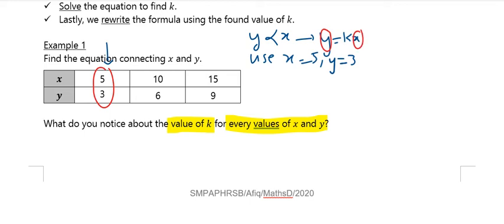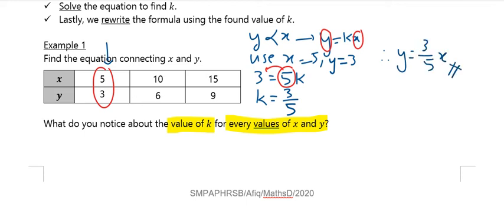So y is 3 and k times x is k times 5, so it becomes 5k. Now, when you move 5 to the other side, it will become division. So you will straight away get k equal 3 out of 5. Therefore, the equation that connects y and x will be y equal 3 out of 5 x. So this is your answer for the first one.